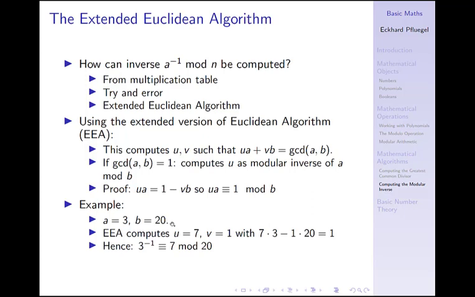The important thing will be to be able to run the extended Euclidean algorithm on an example, based on the scheme that I will show you on the next slide.